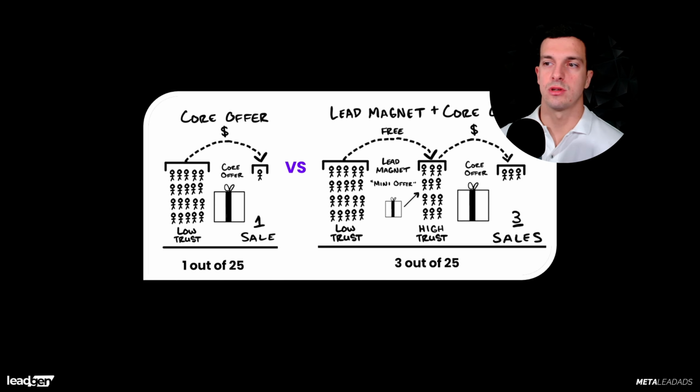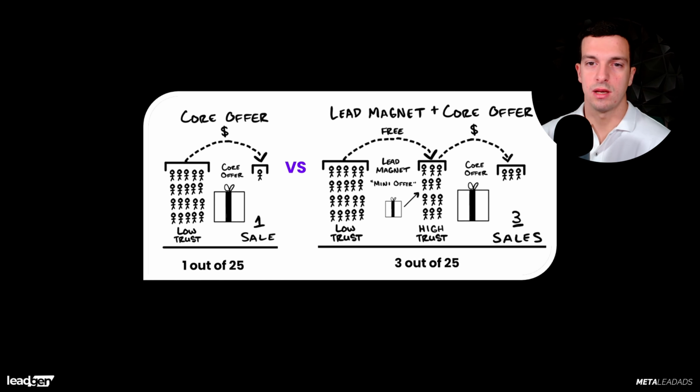Here we have a screenshot from Alex Hormozi's book. On the left you can see a core offer. Let's say you have 25 people and you make them an offer, like come buy this thing, and maybe one of them is going to buy. On the right, you have a lead magnet and a core offer.